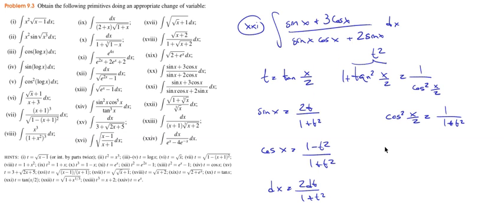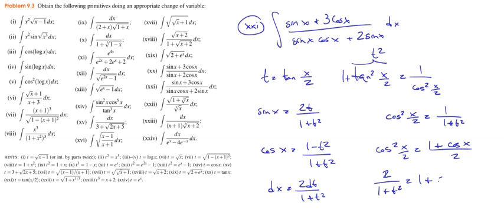And then remember that the cosine squared of x over 2 is equal to 1 plus the cosine of 2x, or in other words x divided by 2, right? And so let's see, so this is going to be cosine squared is 1 over 1 plus t squared times 2, right?